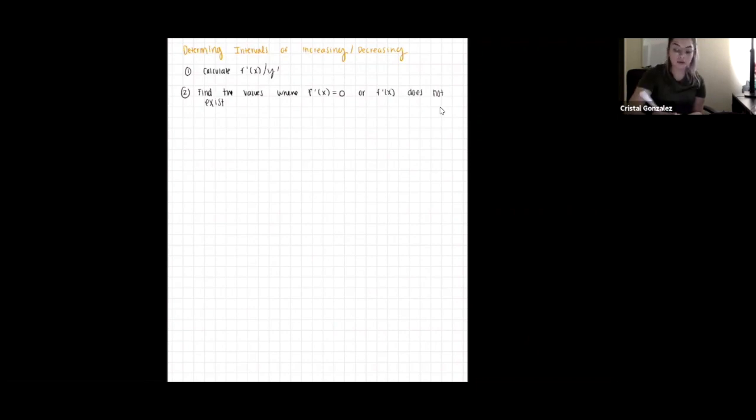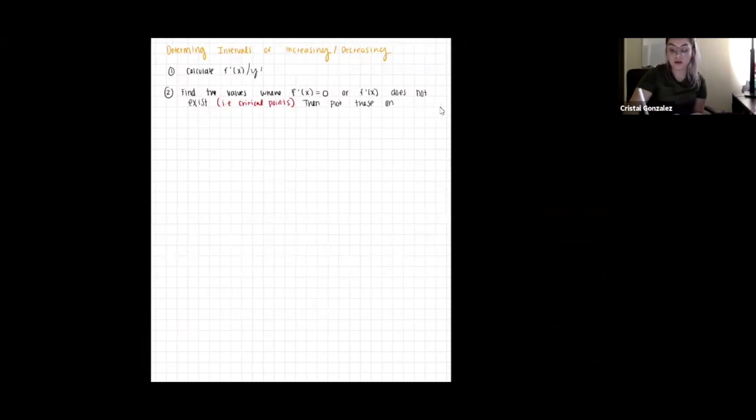And so these are also what we call our critical points. And we're then going to plot these on a number line.